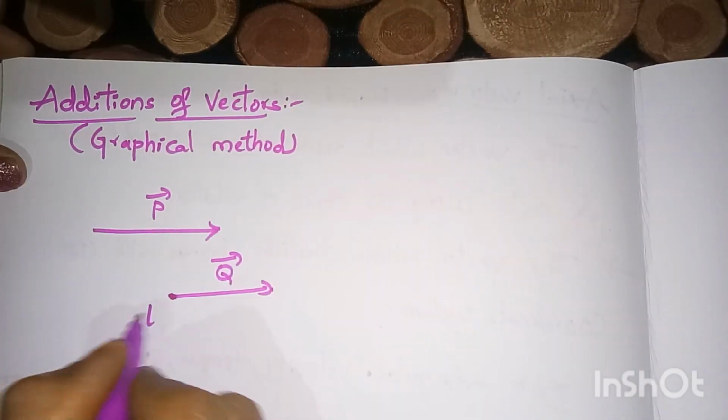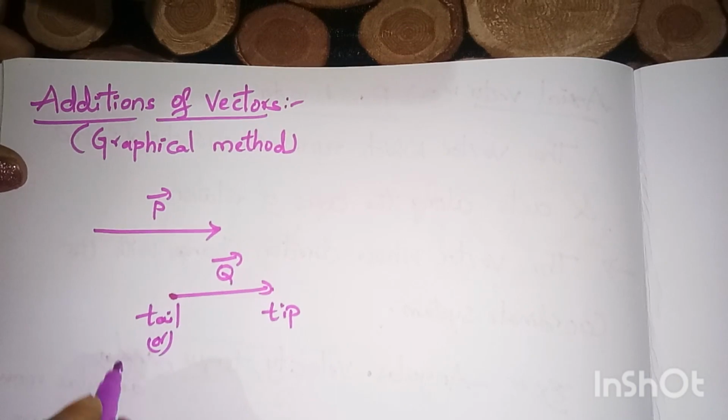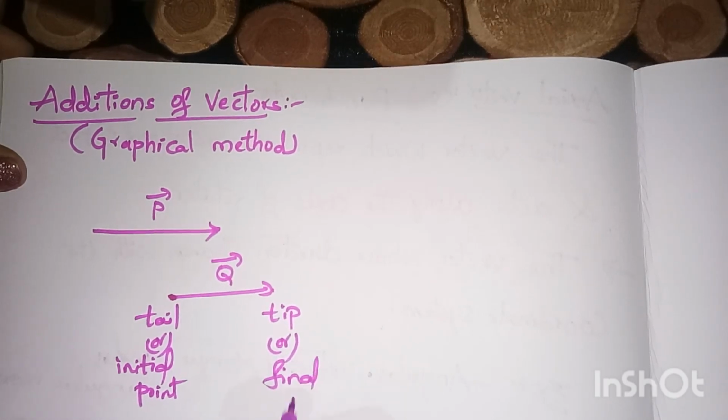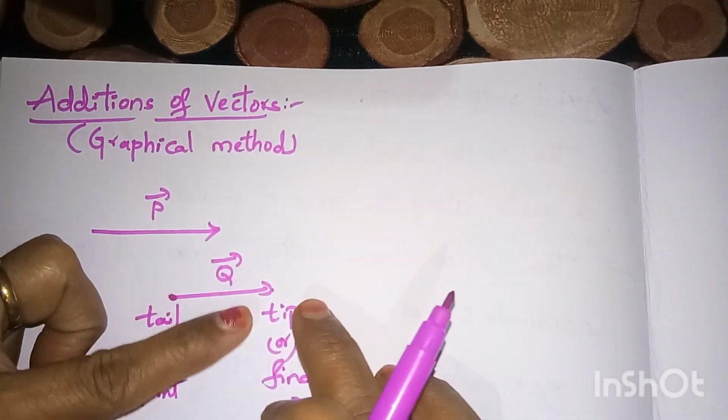Each has a tail, or initial point, and a tip, which is the final point. If two vectors are moving in the same direction but with different magnitudes, how can we add them?